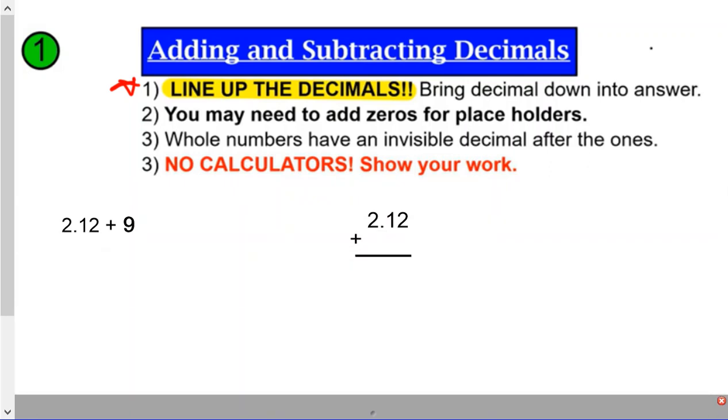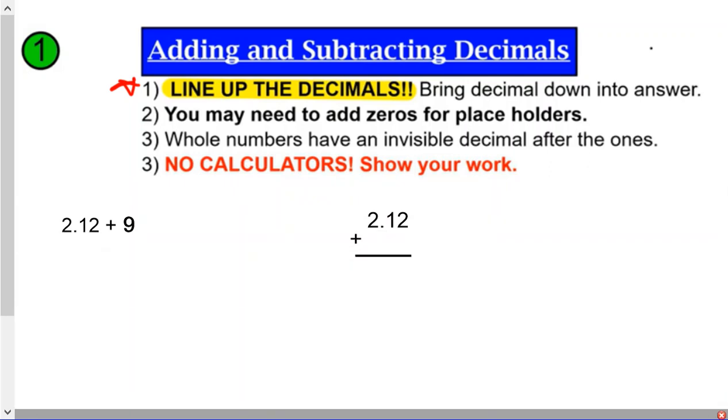Look at this problem here. We have 2.12 plus 9. Now, a common mistake that we see is when we rewrite our problem, students want to put the 9 right here, and that is incorrect.